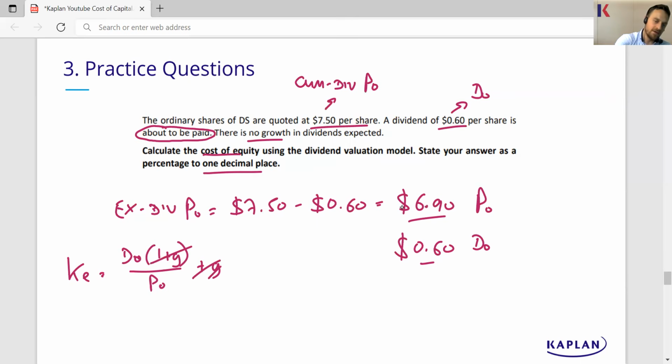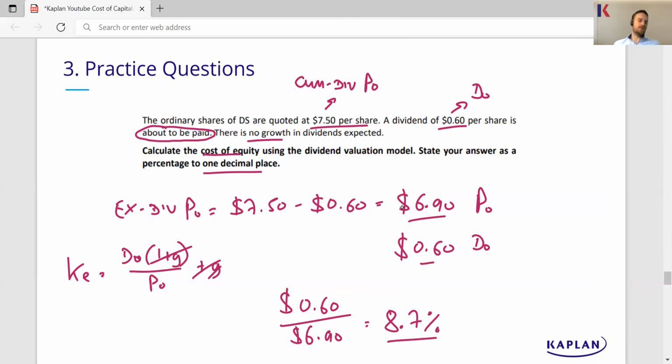So what we're going to end up with is just 60 over 690. Again, don't forget, we want this to 1 decimal place and just be consistent with your units. And we should end up with 8.7%. So that would be our cost of equity.